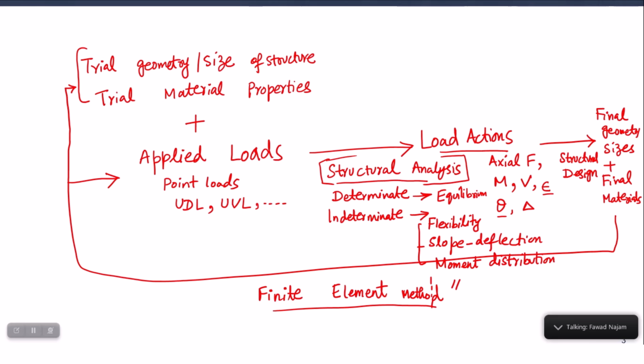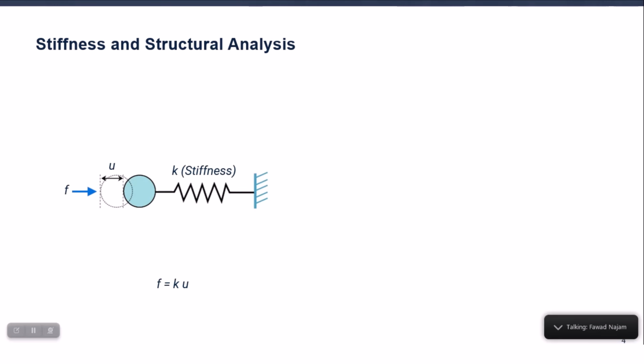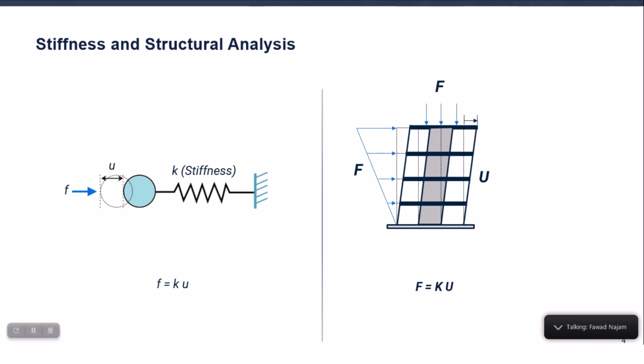And if I just give you an overview of what is happening in that method, you are considering the full indeterminate structure like a very complex or a very big spring. We are all familiar with Hooke's law, F is equal to Ku. Whenever we apply a force F to a spring, it deforms by a quantity u, and the relationship between F and u is mainly related by a constant quantity which is the stiffness of that spring.